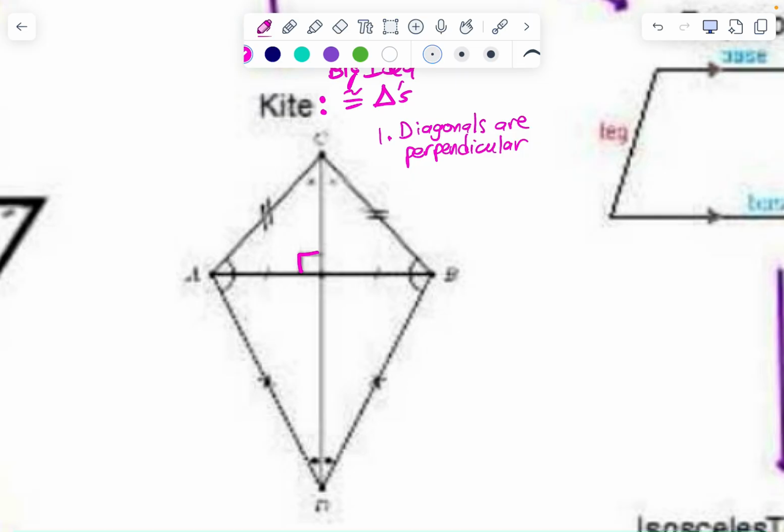So perhaps we're working, don't mark this, but let me just give you an example problem. Maybe I tell you that this length is 10 and this length is 5, and I want to know that length right there. Well, what would you use to solve for x? Knowing that this is a 90-degree angle right there. What would you use?